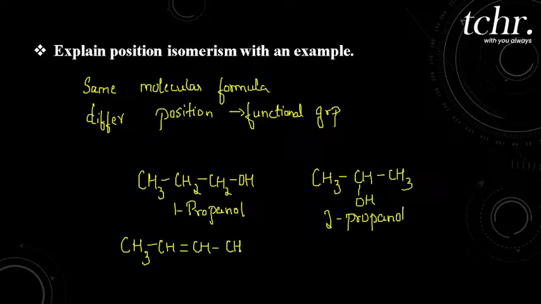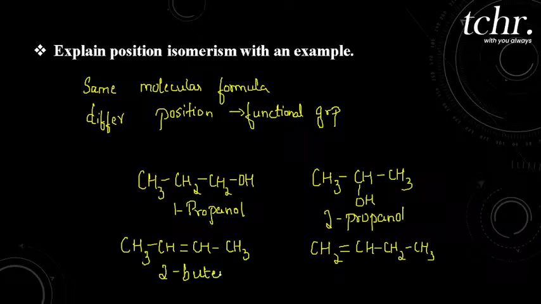I've written the compound, you have to try to name it, okay? So what you can observe here, students? Count the number of carbon atoms, number of hydrogen atoms, you will see that the molecular formula is the same. But the compound that I have given here is butene.